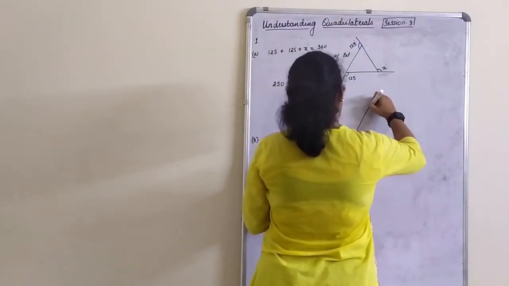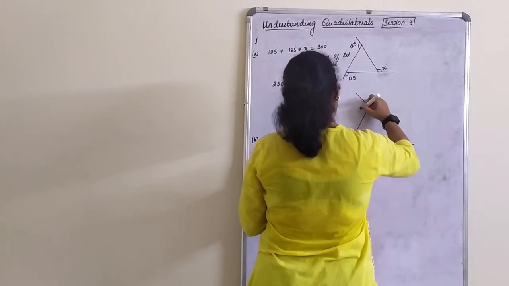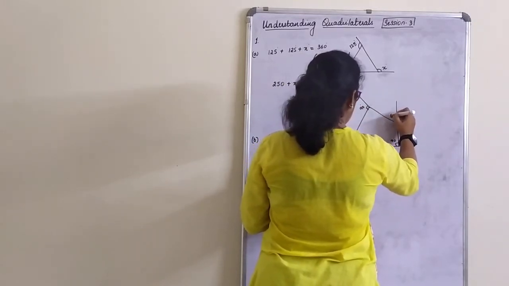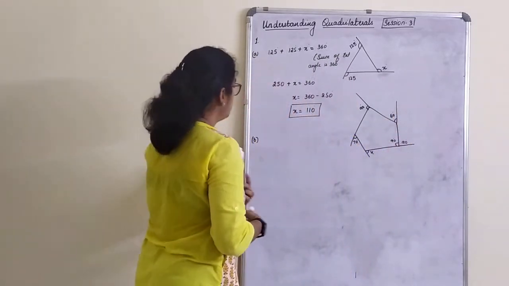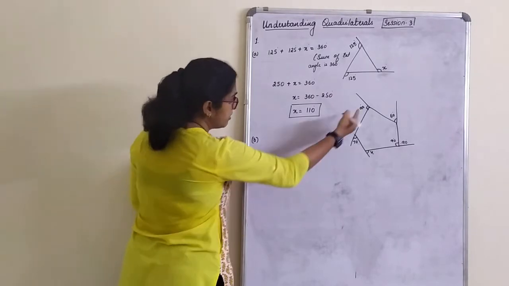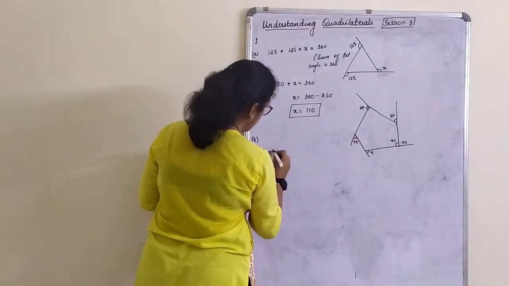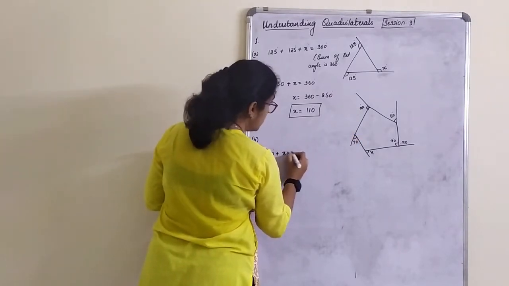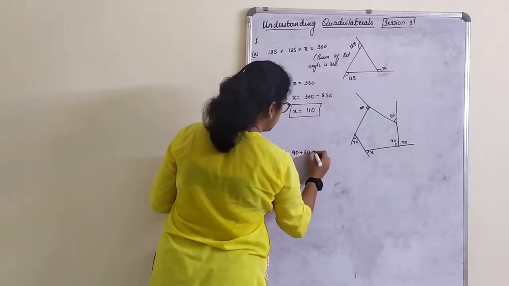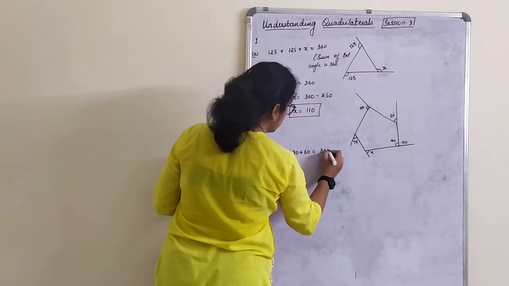One more angle is given as perpendicular, that is 90, and they have marked one more angle as 60. So we will write, going in order, 90 degrees plus 70 degrees plus x plus 90 degrees plus 60 degrees is equal to 360.